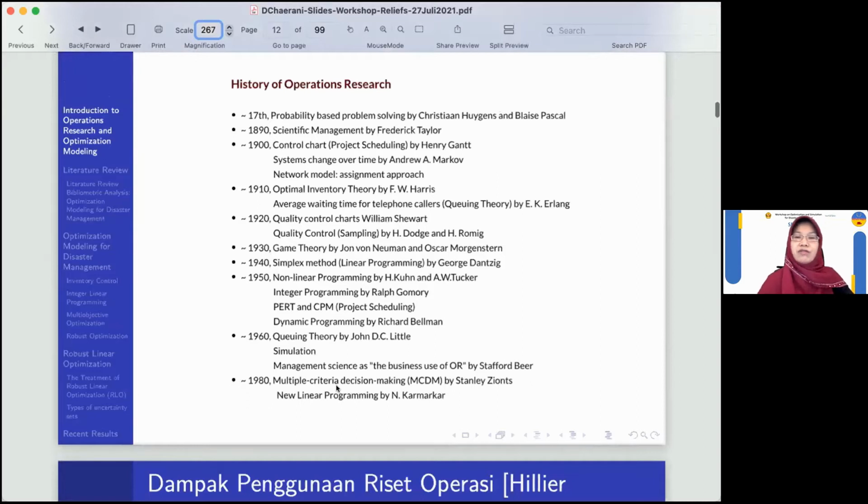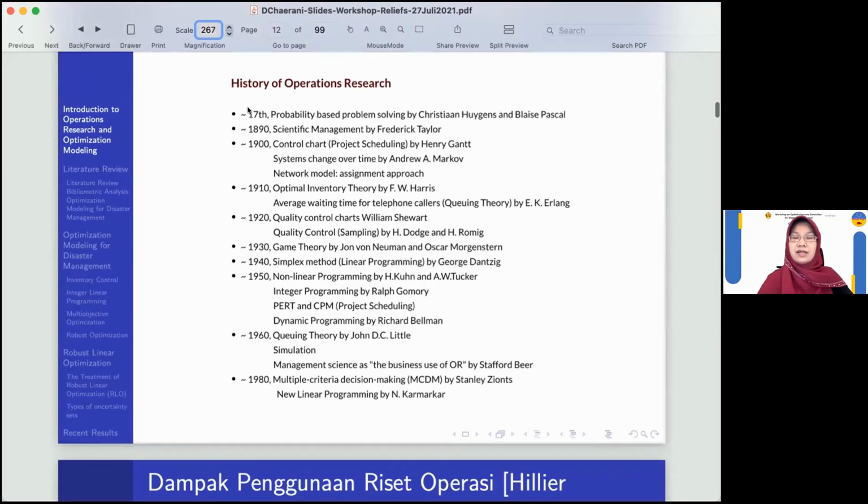These are the summaries of the history of operational research, from the 17th century up until the emergence of multiple criteria decision making and the new linear programming by Karmarkar. So starting from 1947, the simplex method and linear programming, linear algebra, right. Meanwhile, the 1980s were marked by the discovery of the interior point method by Karmarkar.